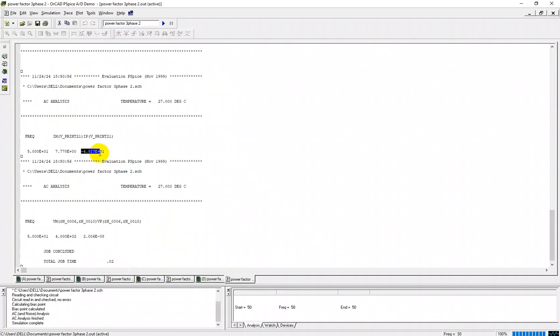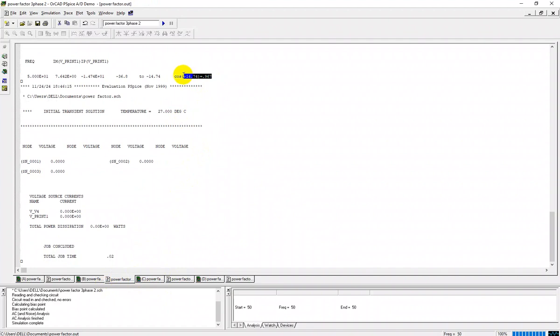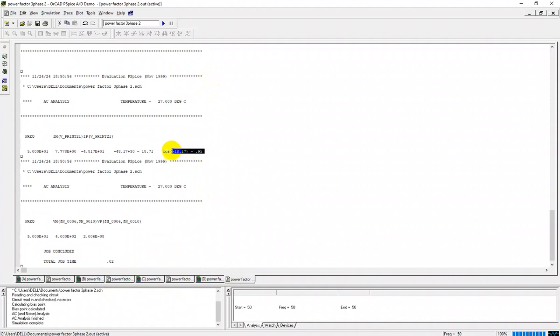Right, so as discussed earlier, so this is minus 48.17 plus 30, which is equal to 18.17, and then cos of minus 18.17 is equal to 0.95. So this is the power factor that we had desired, whereas in single phase we're getting slightly higher, that is 0.967, but under three phase we're getting accurately.